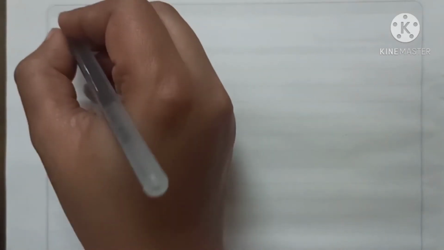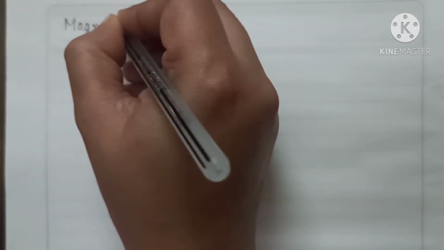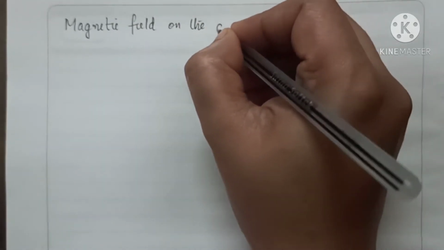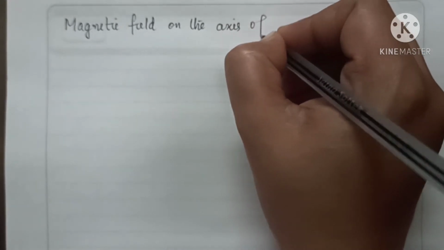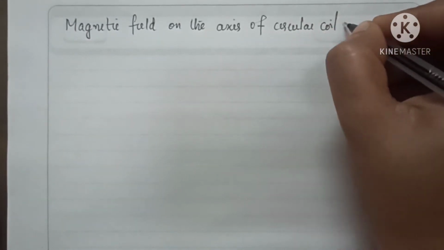Now the second application is to find the magnetic field on the axis of the circular coil carrying current.